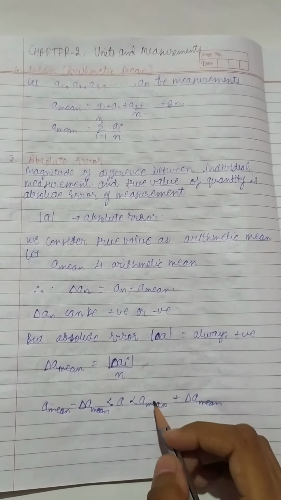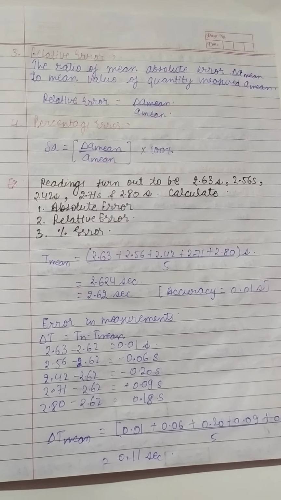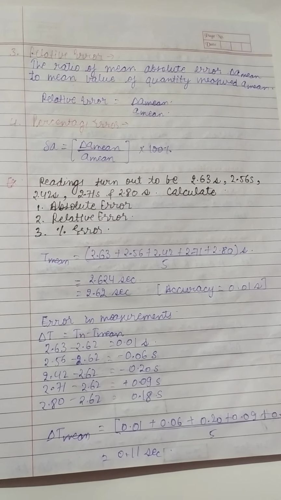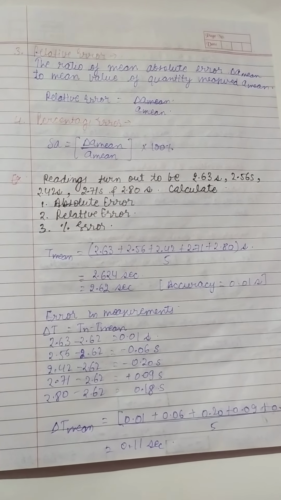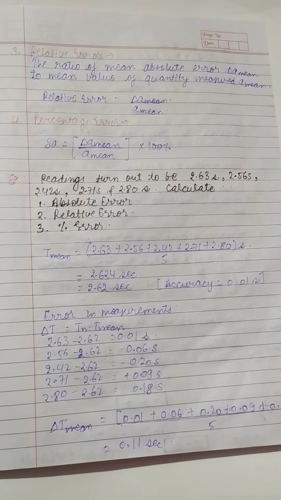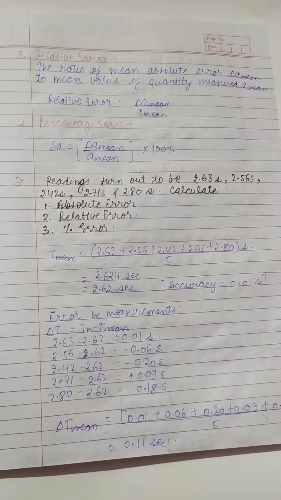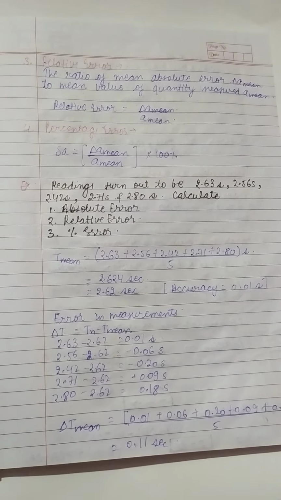Now let us see what relative error is. How do we define relative error? We define relative error as the ratio of the mean absolute error, which we have seen in the absolute error, to the mean value of the quantity. So relative error is the mean of the absolute error divided by the mean of the observations.